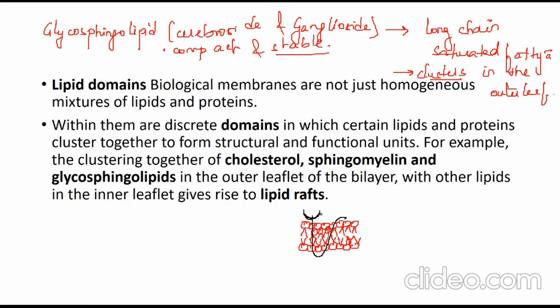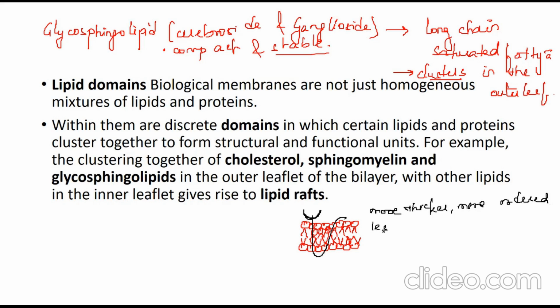Say for example, a receptor is associated with it. Now what we see here is that this outer leaflet is more thicker and more ordered.